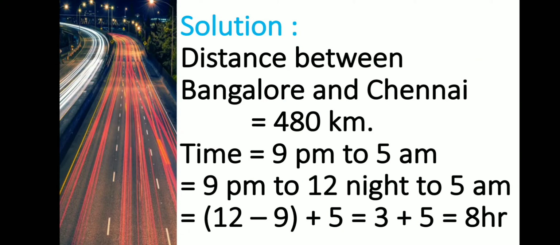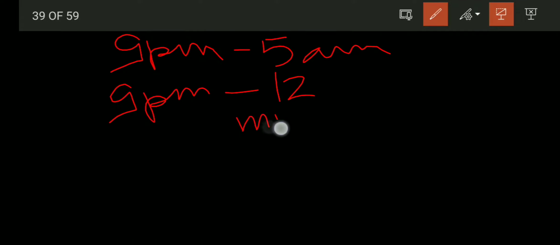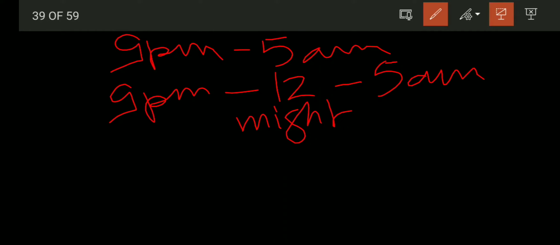What is given? Distance between Bangaluru and Chennai 480 km. Time is given 9 p.m. to 5 a.m. next morning. So we'll calculate the time from here. You know how? 9 p.m. to 5 a.m. So what happens? 9 p.m. to 12 night, and from 12 to 5 a.m. So we'll subtract 9 from 12, that becomes 3 hours, plus 12 to 5 is 5 hours.